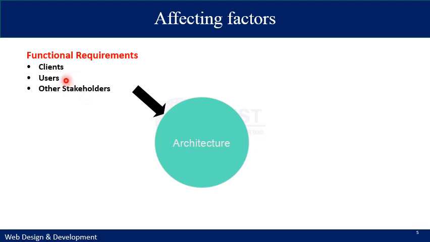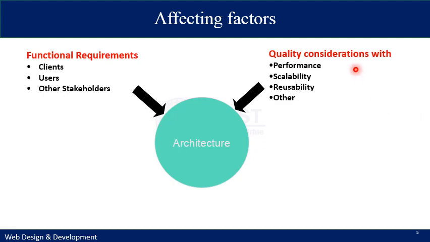For example, if the users require centralized access, you can use a client server architecture. However, if there are a number of roles and responsibilities for users or clients, you can use some other kind of layering architecture.